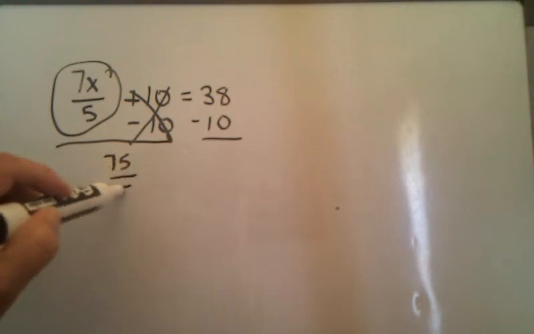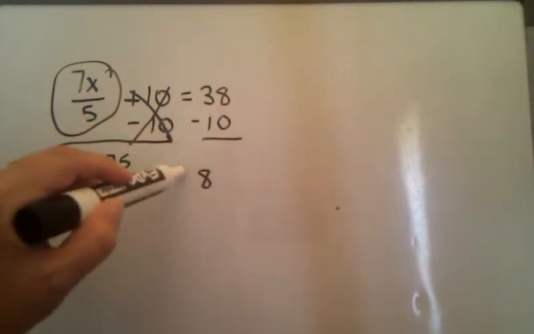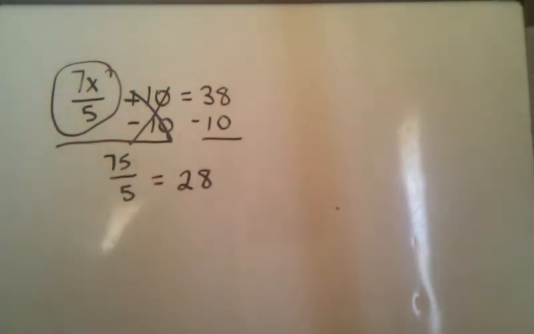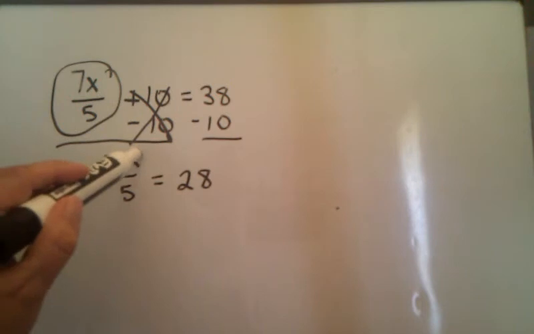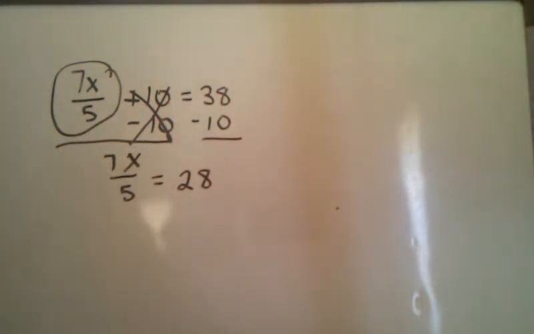7x over 5 equals 38 minus 10 is 28. This isn't a 5, by the way, that's an x. Okay, do you remember what to do next? Well, my x is on the top. You see this fraction, 7 over 5? Do you remember how to get rid of a fraction?